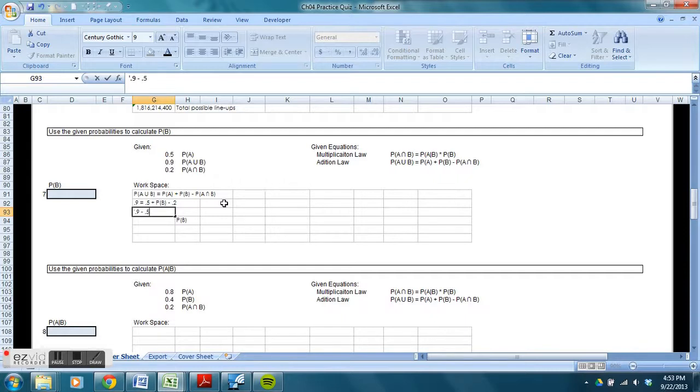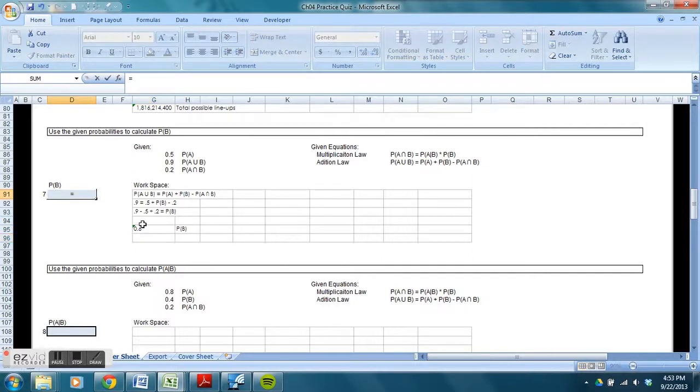And now we're left with probability of B on the right. So now we can determine what probability B is. We can just type these numbers in, or I'm going to reference them up here. So 0.9 minus our 0.5 plus our 0.2, 0.6. Set our answer equal to that.